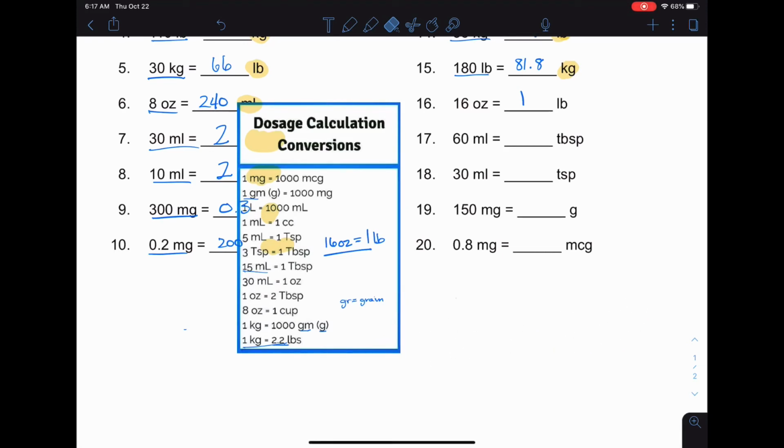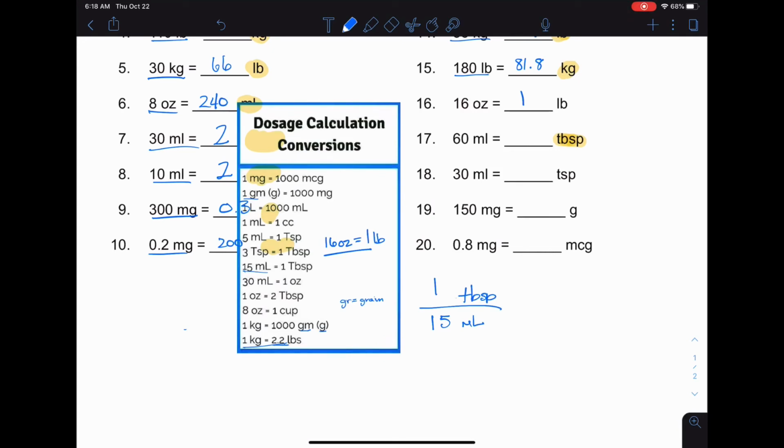All right, number 17. 60 mils equals how many tablespoons? Okay, so do we have a mils to tablespoon conversion? We do right here. 15 mils equals 1 tablespoon. So that's the conversion we'll use. We are trying to get to tablespoons, so we'll start with that up top. 1 tablespoon is equal to 15 mils.